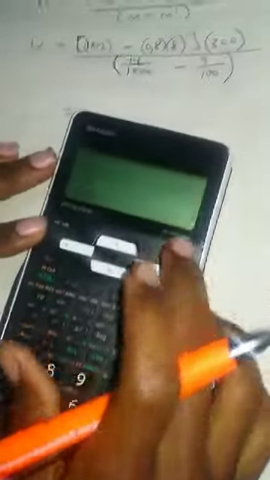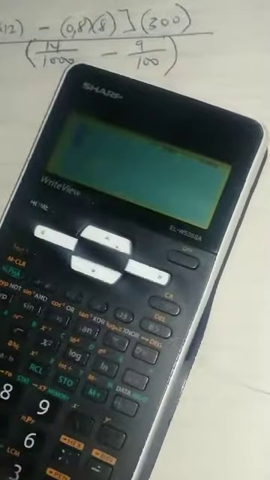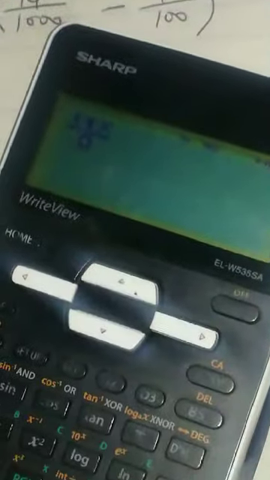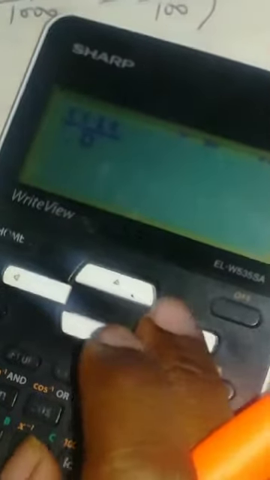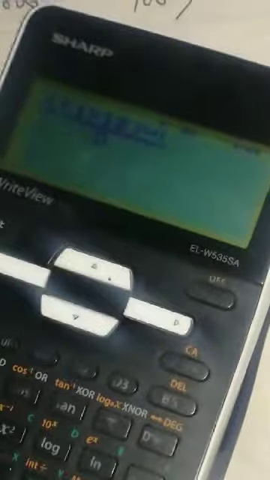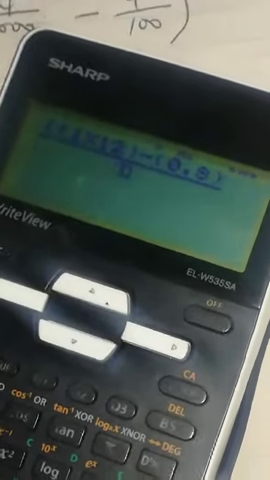So let me punch this in on the calculator. Let me turn it on. So we have 1 multiplied by, make two brackets, 1 multiplied by 12 minus 0.8 multiplied by 8.